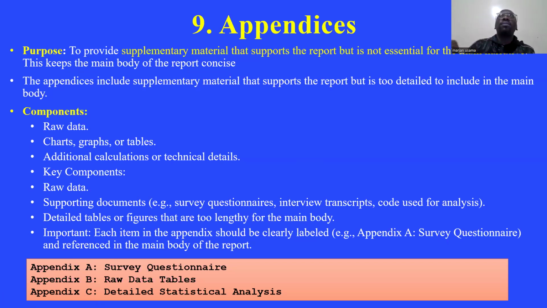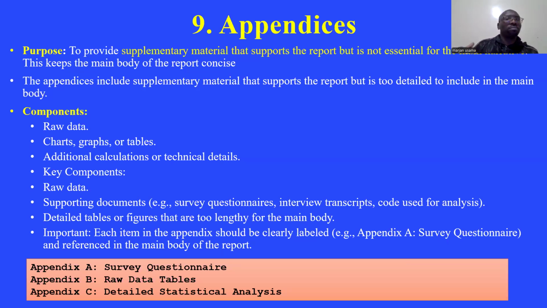For example, sometimes there is a consent letter for data collection. You can put it at the end of your research. So any information that you think is important or can act as supplementary, you normally put at the back of your report.